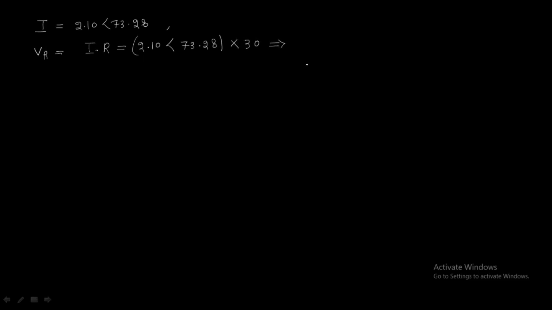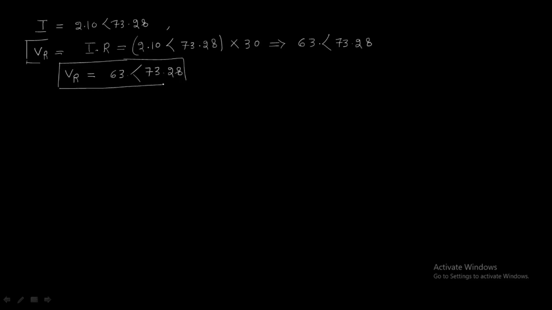By doing the simplification we finally get 63 at an angle of 73.28. This is the VR value. So the voltage drop across the resistor is completed.